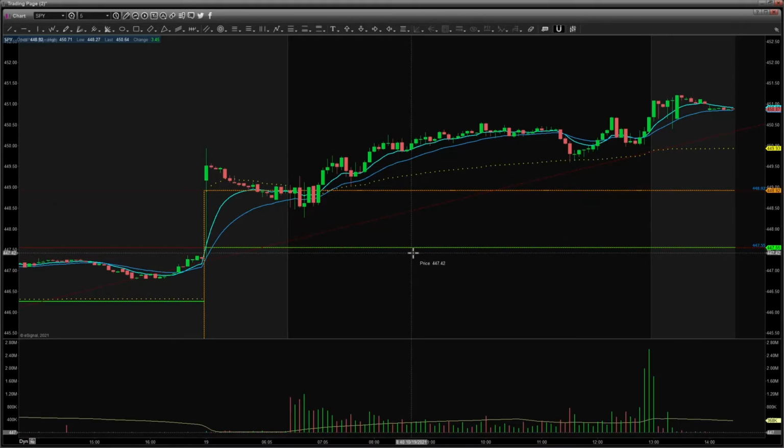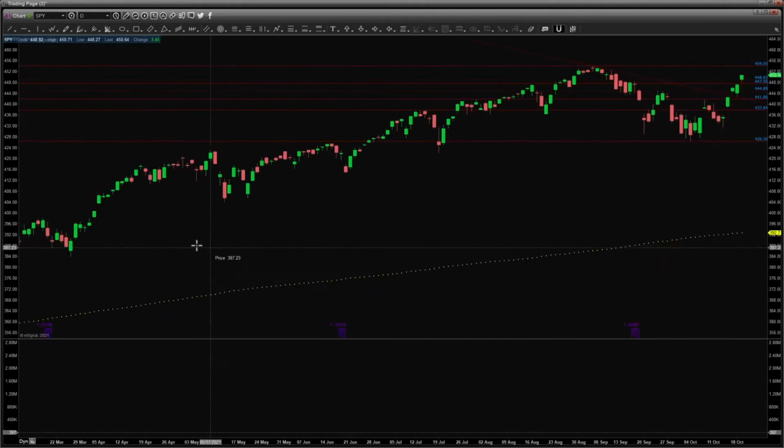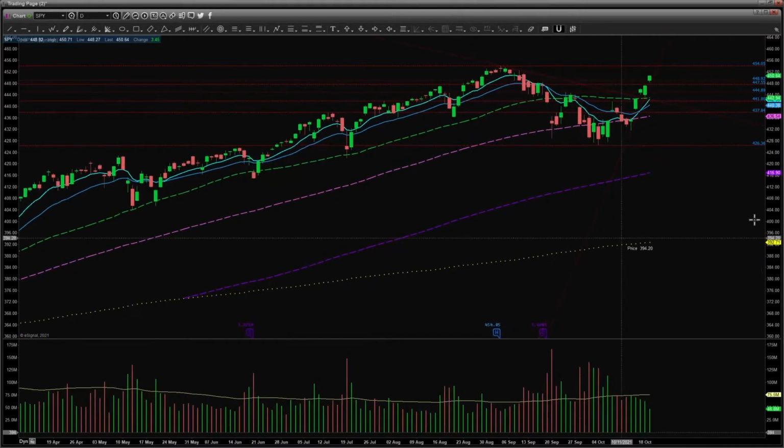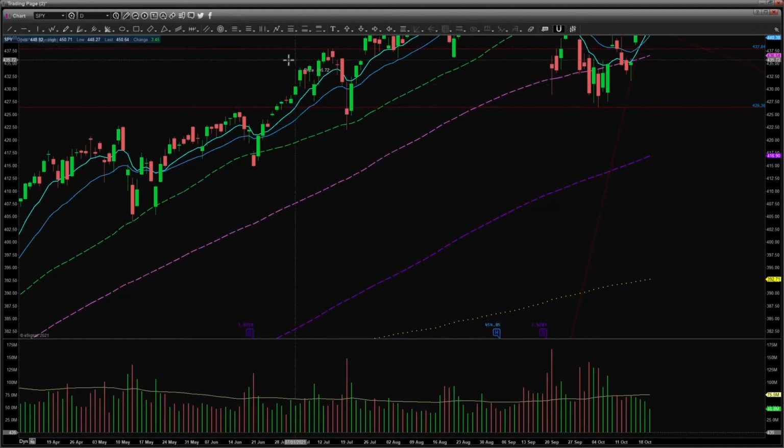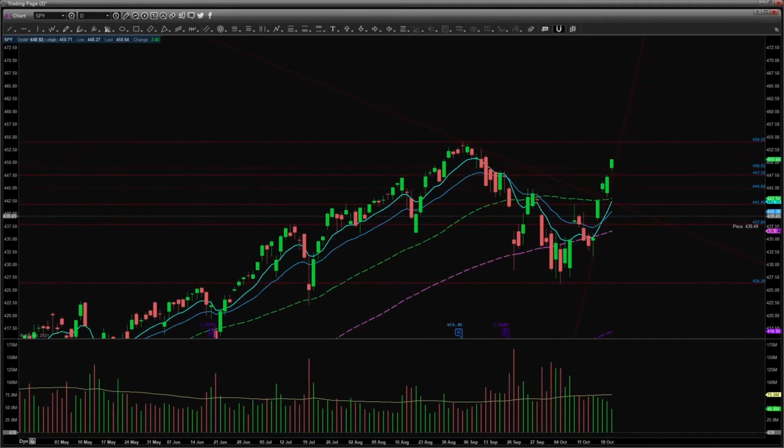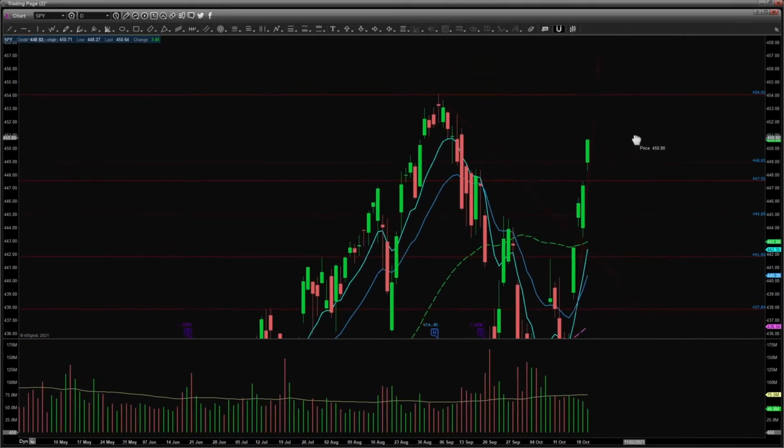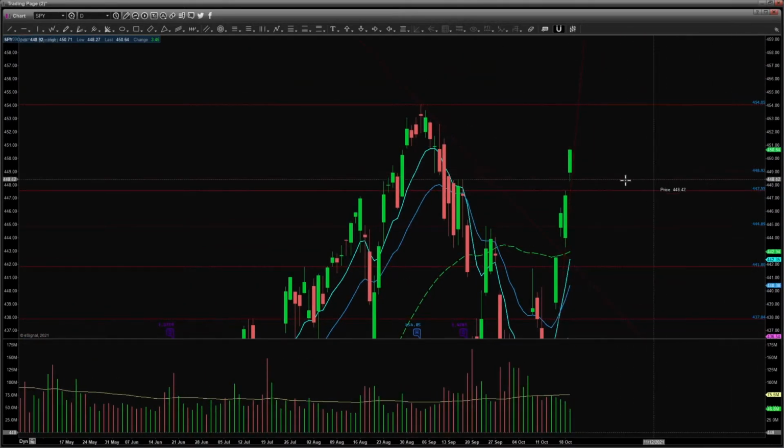So let's go back to the daily chart, and I'll try to figure out where I drew that line and why. So if we stretch this out, I'm looking at 448.92. So why did I draw this line? I drew this line right here on the close of 8/25/2021.